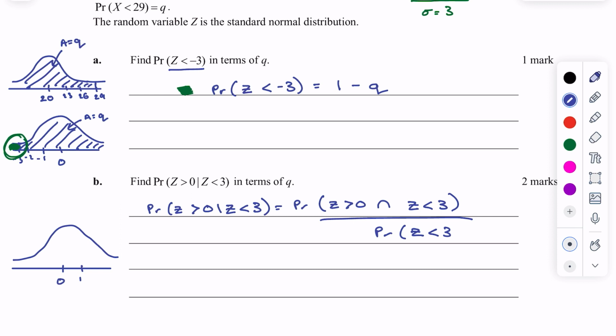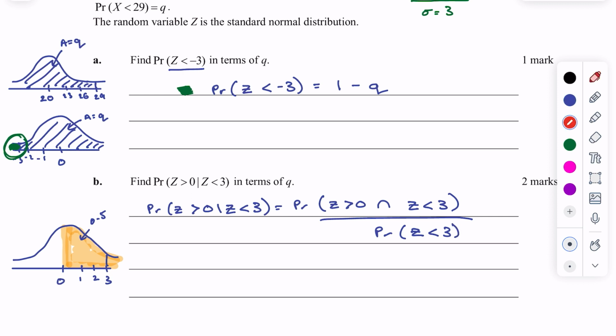Returning to my standard normal distribution here, I'm going to firstly put in what z greater than 0 is going to look like. Okay, so that's going to be something that looks like that. I'm going to tell you that that area there is going to be 0.5. We should know that. And then we're focusing on z less than 3.